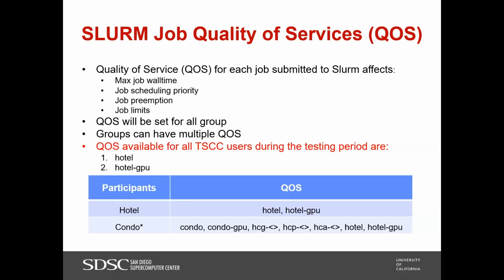The QoS for each job to SLURM can affect the maximum job wall time, and it can affect the job scheduling priority, which also affects the job preemption and the job limit. The QoS will be set for every TSCC group, and your group can have multiple QoS. And when you submit your job, you also need to specify which QoS to use.